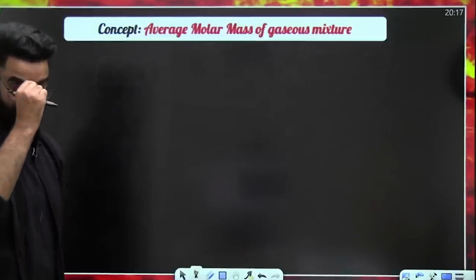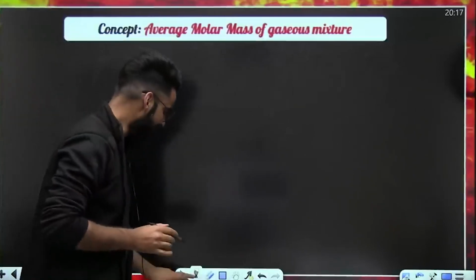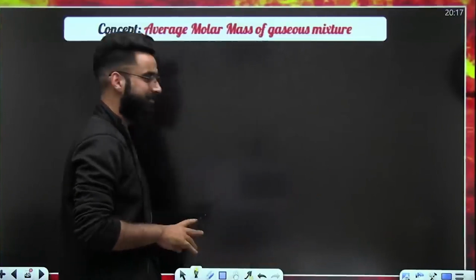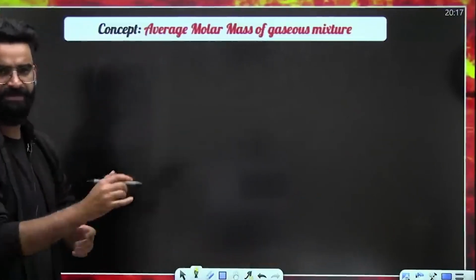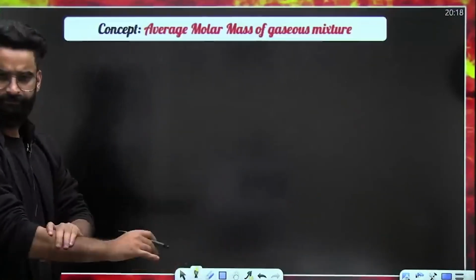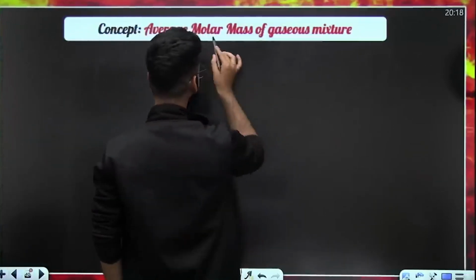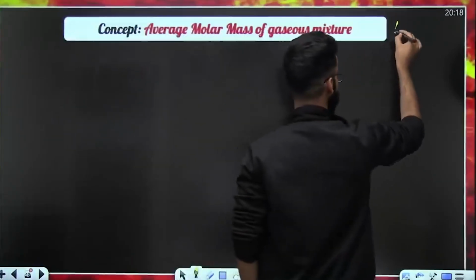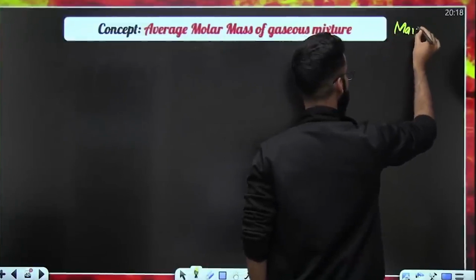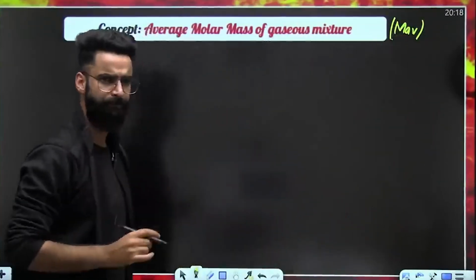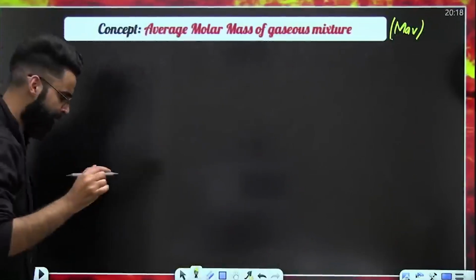So let's get to know what the average molar mass of the gaseous mixture is exactly all about. Properly understand, this is important. First of all, the average molar mass of a gaseous mixture is represented by MAV. Now, what does it mean?